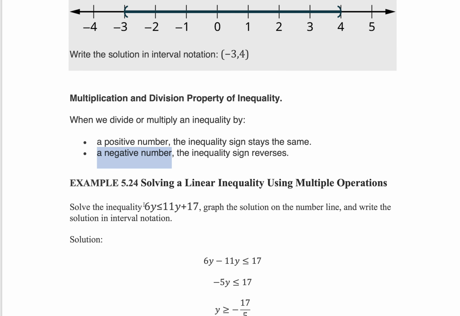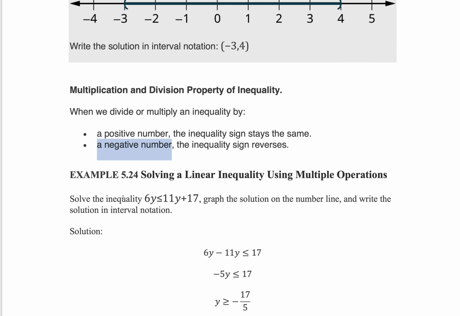So let's look at the next example, example 24. This is the actual inequality we want to solve for y. We follow the way we did before. First, I move the like terms to the same side.